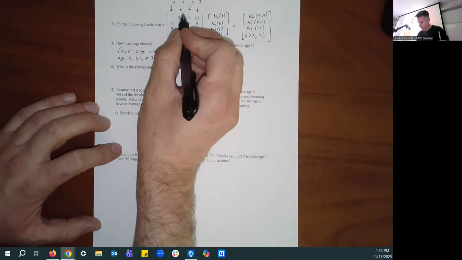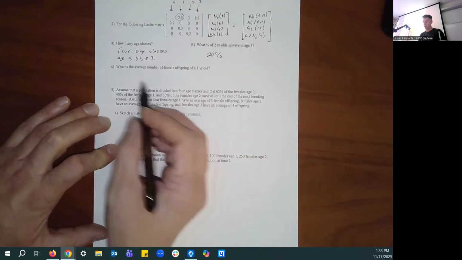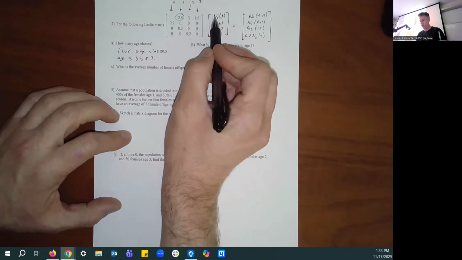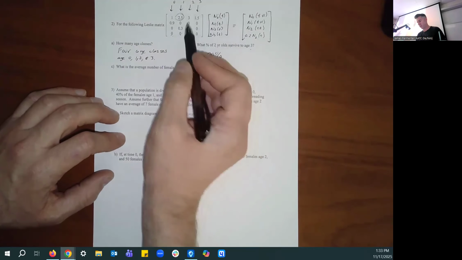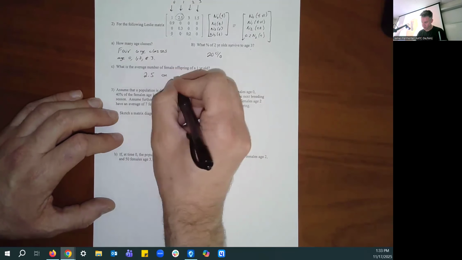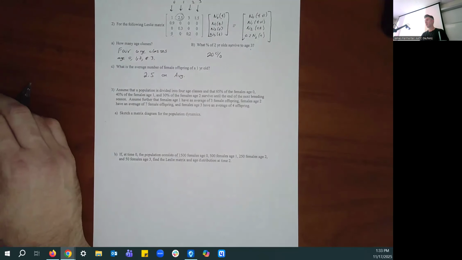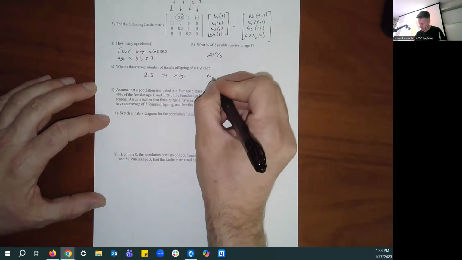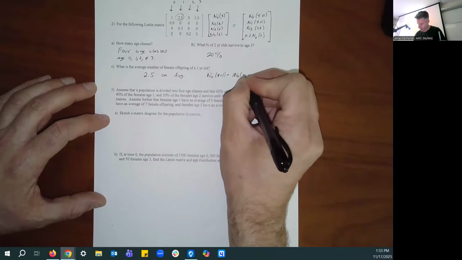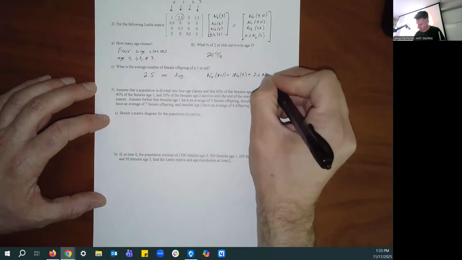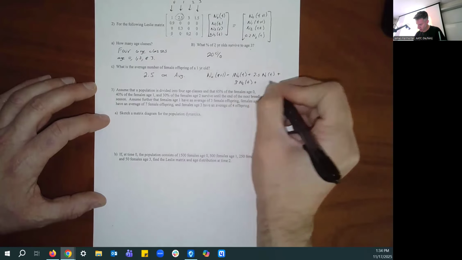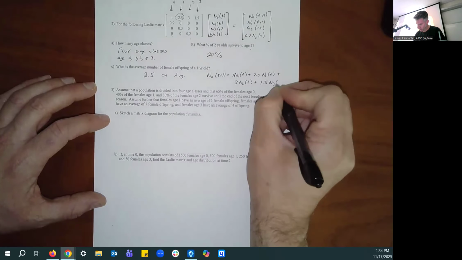Okay, so each 1-year-old is going to produce 2.5 offspring, because when we do the multiplication, next year's 0-year-olds, the offspring, are equal to 1 times this year's 0-year-olds plus 2.5 times this year's 1-year-olds, plus 3 times this year's 2-year-olds, plus 1.5 times this year's 3-year-olds.